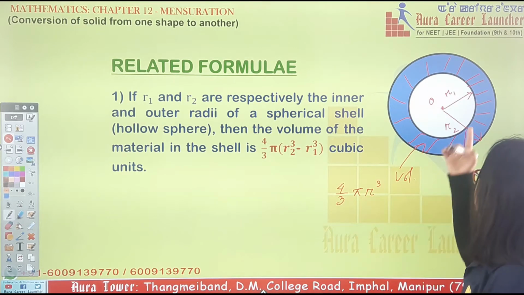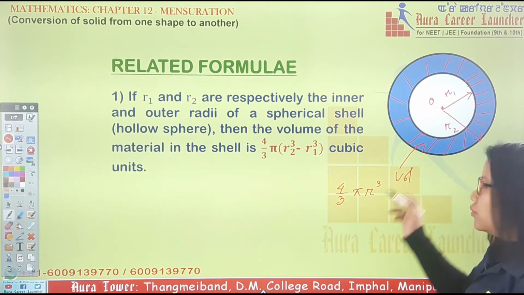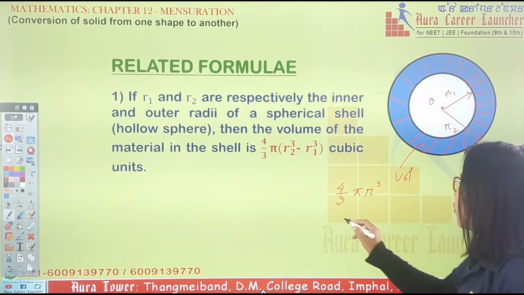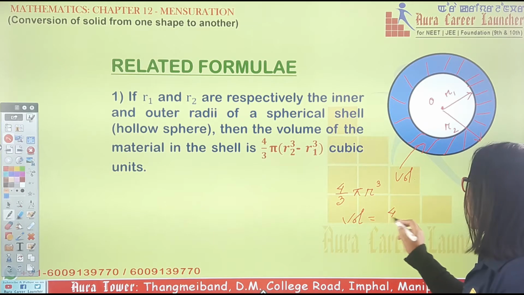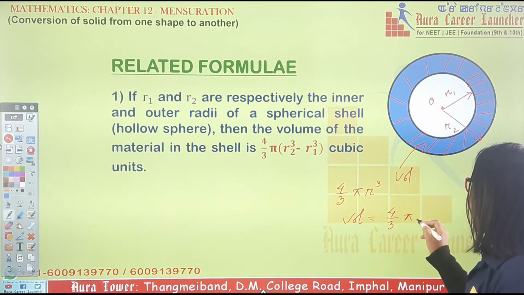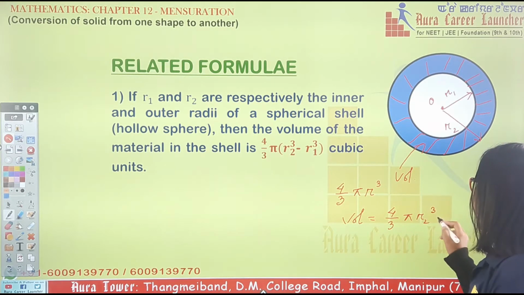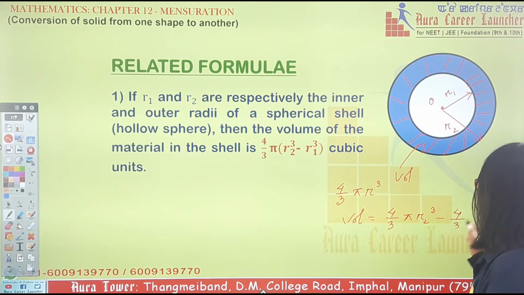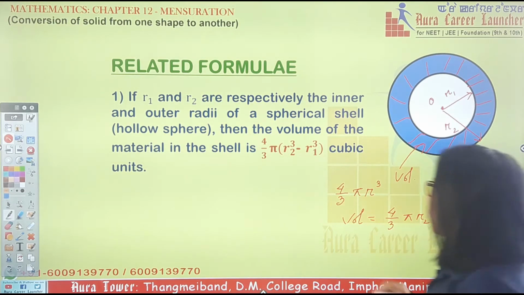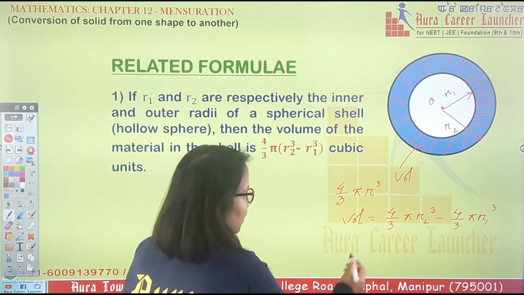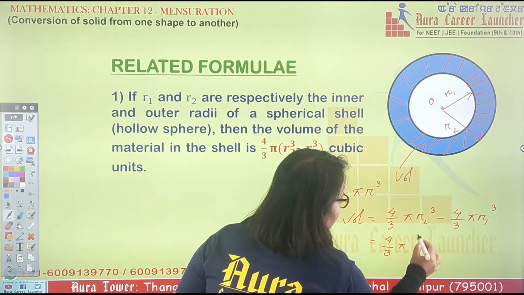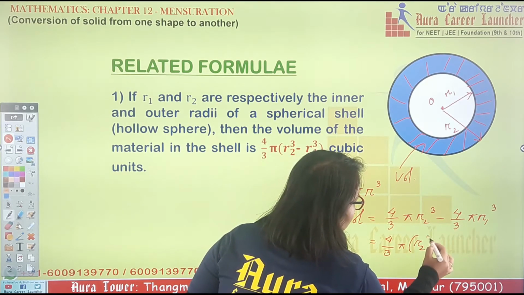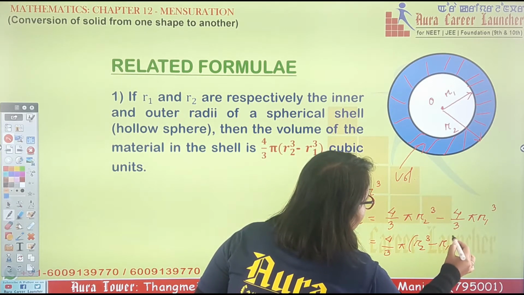Now if the outer radius is R2, the net volume will be 4/3 pi R2 cubed minus 4/3 pi R1 cubed. From this we can take 4/3 pi common, and R2 cubed minus R1 cubed.